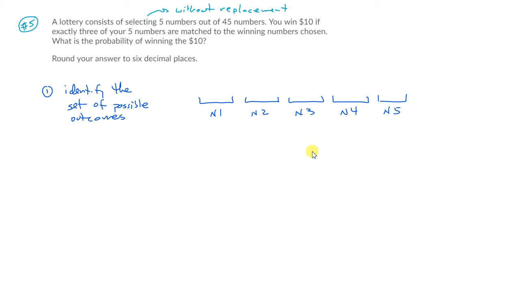Exactly 3. So it says exactly 3 of your 5 numbers have to match the winning numbers. That's going to help me pick which of these possible outcomes is a winning outcome. But before we do that, how many are there? What's the number of possible outcomes that we're selecting from?